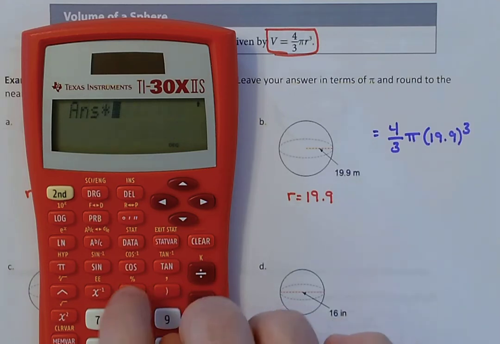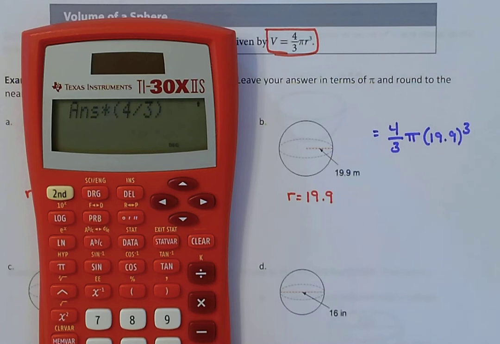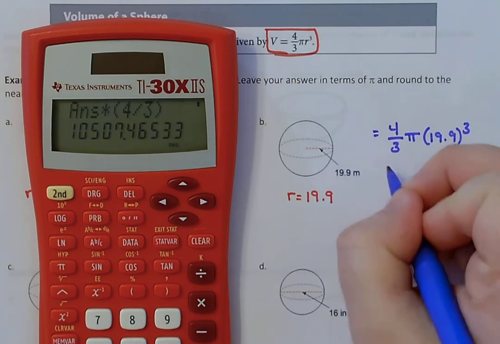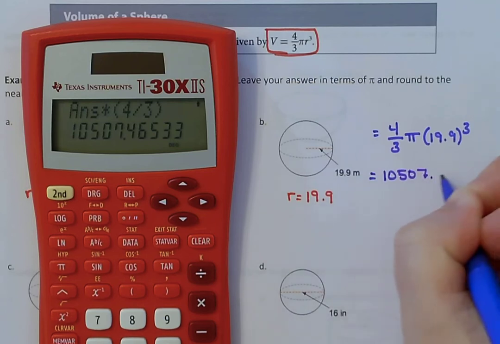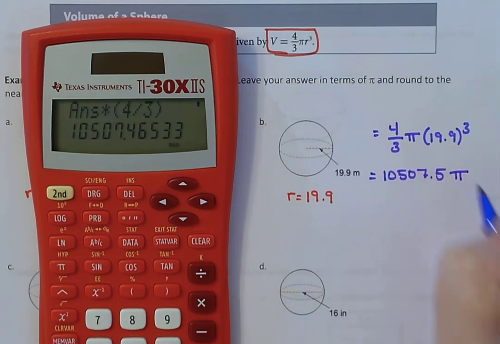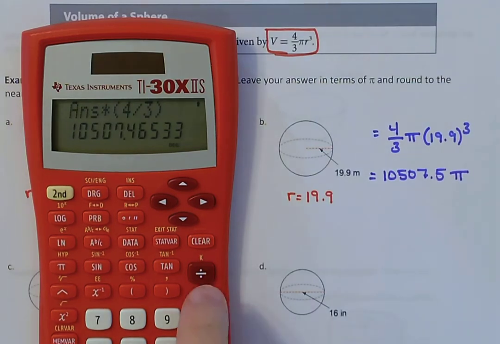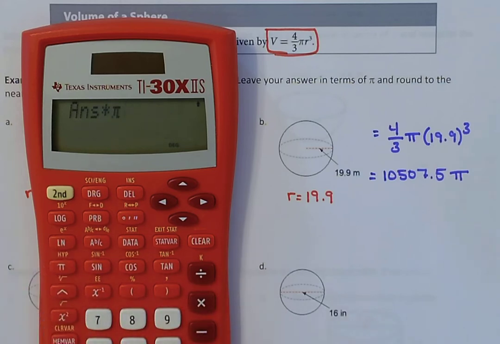We're going to multiply by 4/3, and that gives us 10,507.46. So this becomes 10,507.5 pi. So that's our answer in terms of pi. And then we want to go through and multiply pi in, so times pi, and we get 33,010.2.